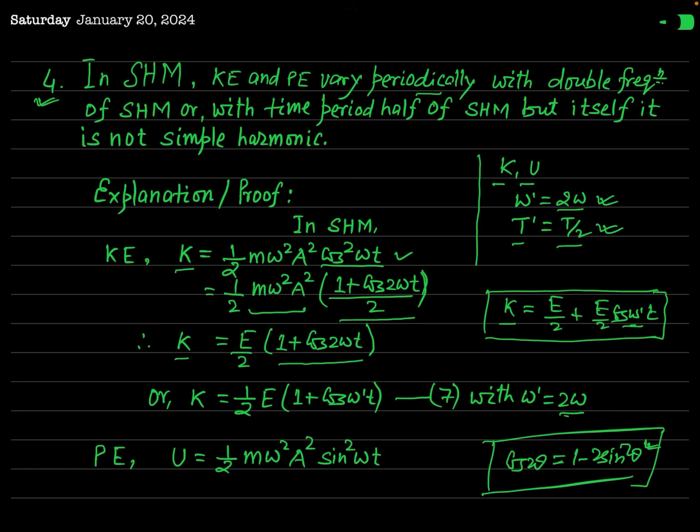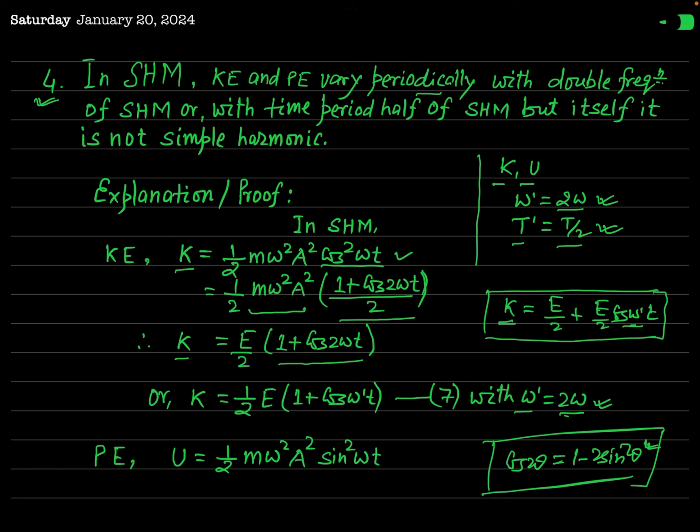So we can say that kinetic energy varies with time in periodic manner in accordance with the cosine function, and the frequency of its variation, if it is denoted by omega prime, is simply equal to 2 omega, where omega is the frequency of simple harmonic motion. So the first fact, that kinetic energy varies periodically with double frequency of simple harmonic motion, has been proved.